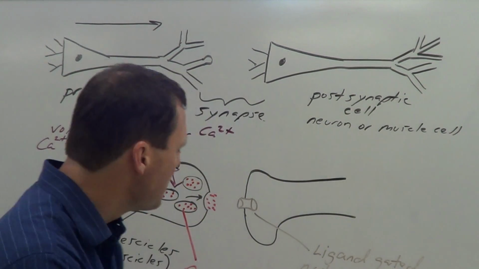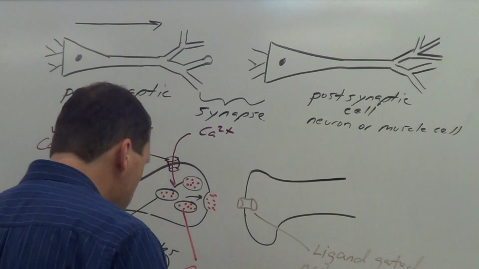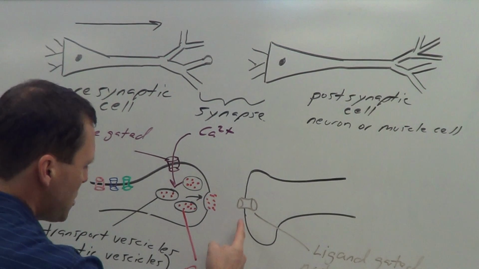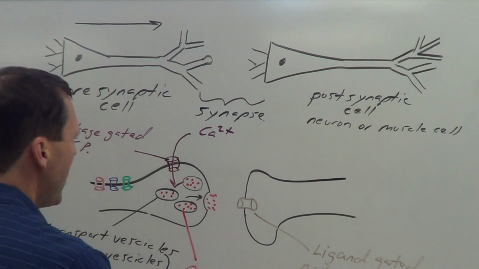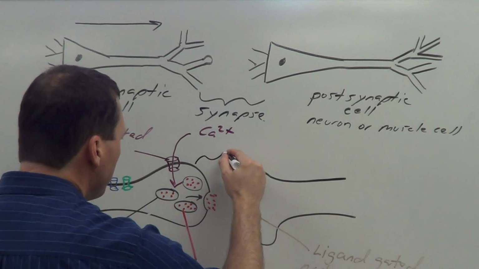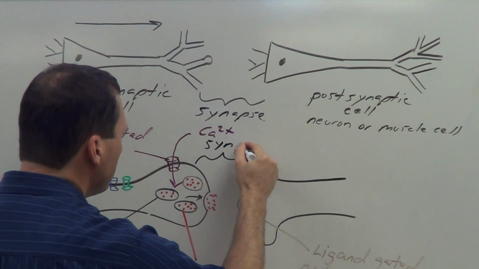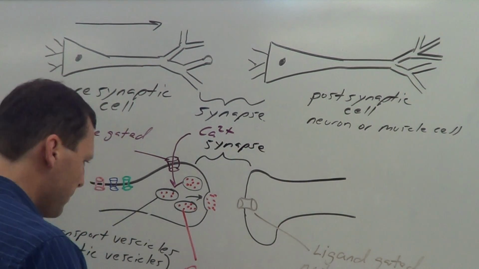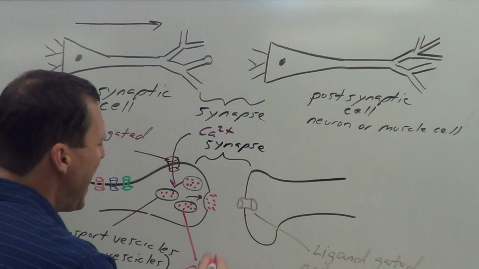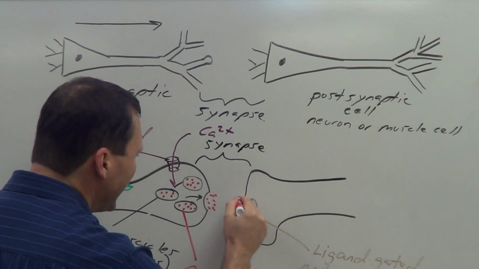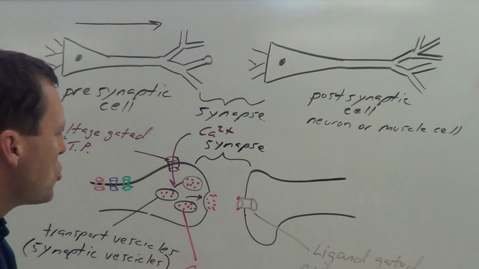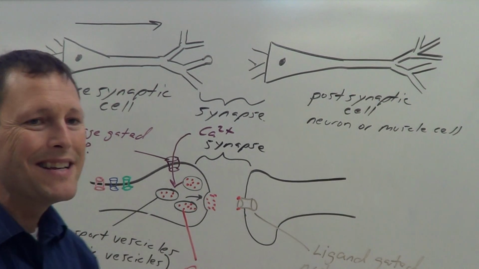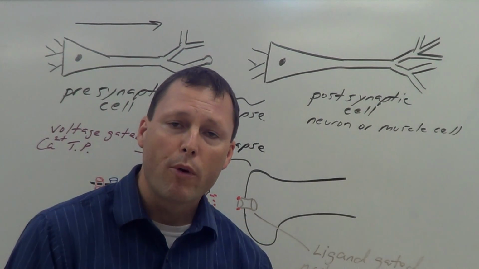the binding of acetylcholine. So acetylcholine is going to diffuse across this synapse. Let's go ahead and label that. And it's going to bind to this ligand-gated sodium transport protein. And when it does, it's going to open it up temporarily.